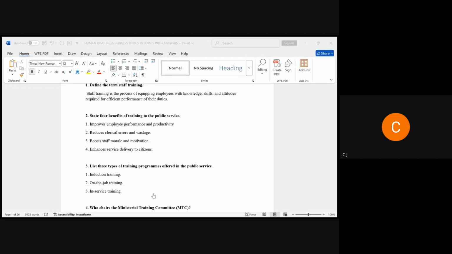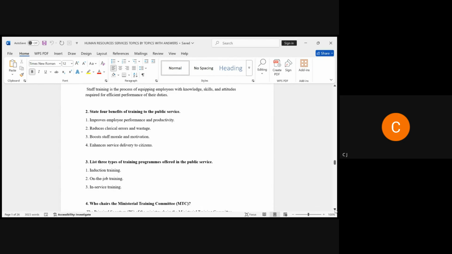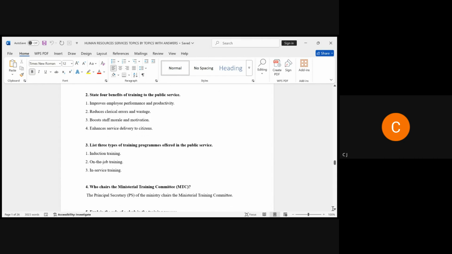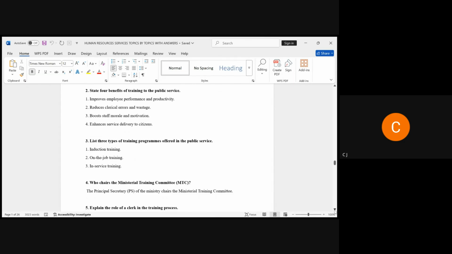Number 2, heads of departments, e.g. finance, procurement, communication, etc. They compose the MTC. The principal secretary of the ministry chairs the Ministerial Training Committee.